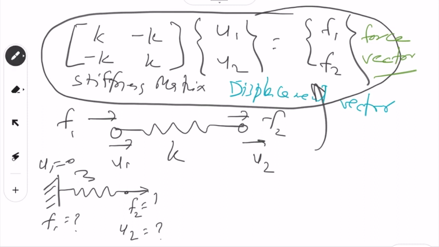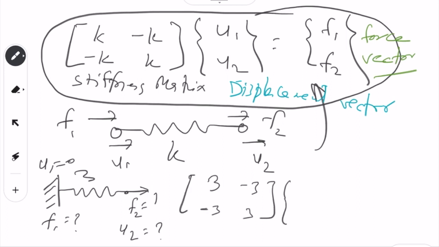We take k equal to 3. First we construct the stiffness matrix: 3, minus 3, then minus 3, 3 is the stiffness matrix.